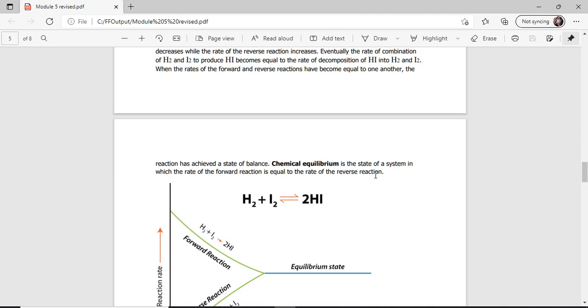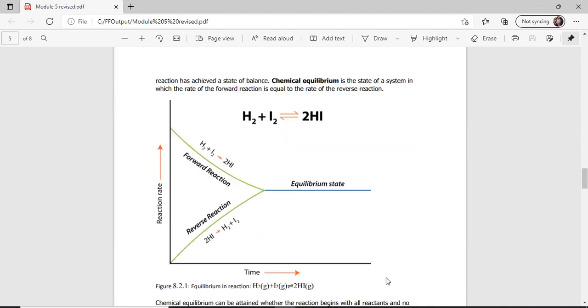So if you graph them, for example, your reaction rate and time, you have here a chemical that is being formed in the forward reaction. Then the chemical goes in reverse reaction, going back into hydrogen and iodine.